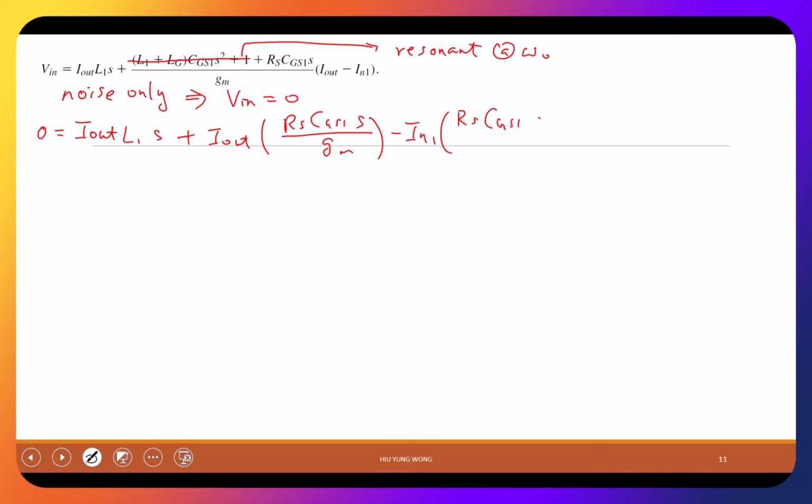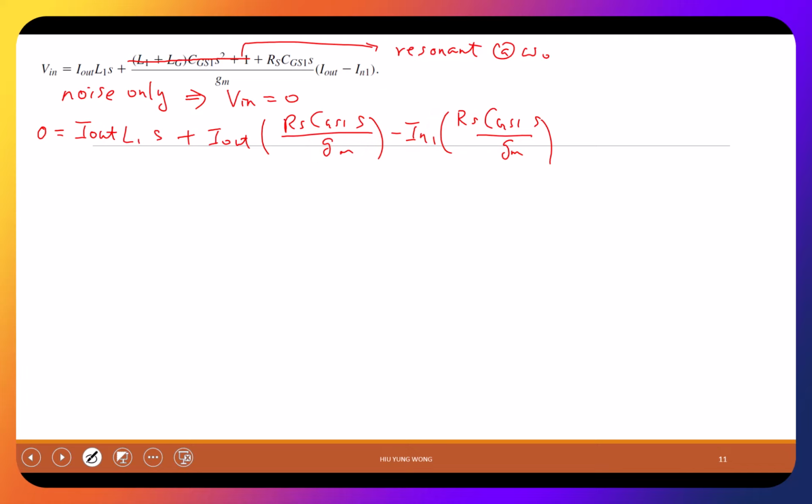Is this okay? What I'm doing is just 0, right? We need a 0. And then this term copied here, and then I out times this whole term, and then minus I in times this whole term.